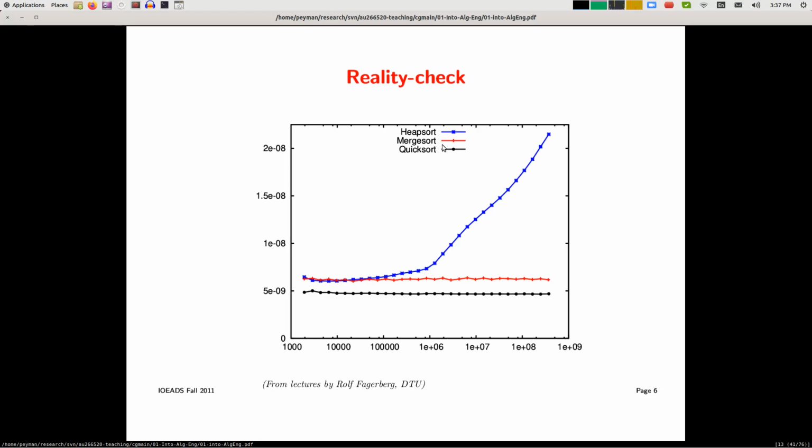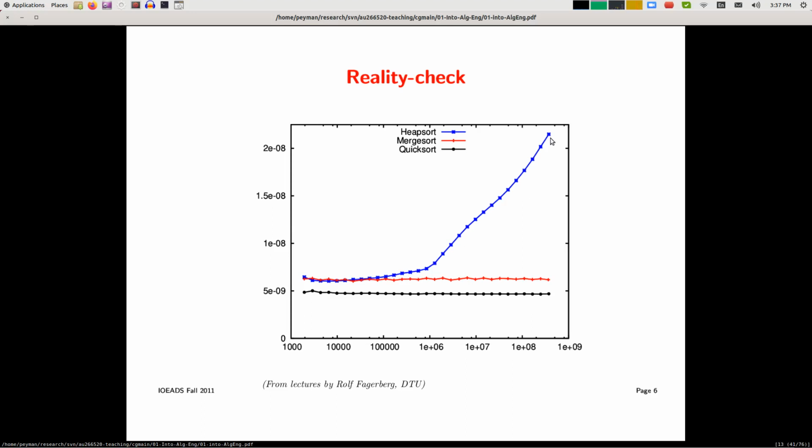So merge sort and quick sort are relatively stable algorithms. It means that if you divide the running time by n log n, you see a constant. And you also see that quick sort has slightly lower constant than merge sort. But heap sort kind of starts low and then blows up a little bit, then blows up a bit more. And you cannot explain this behavior.